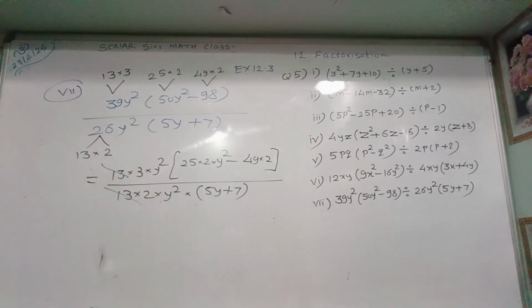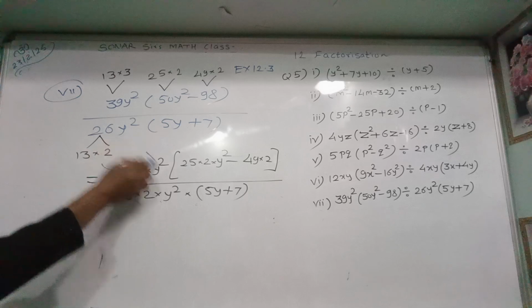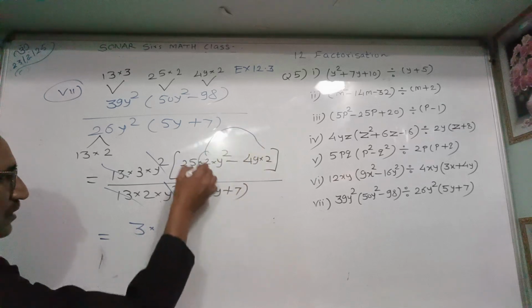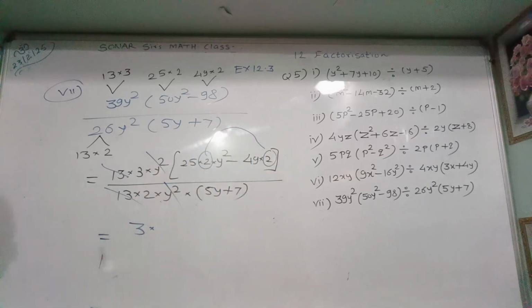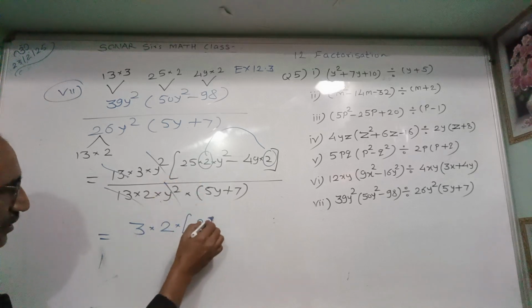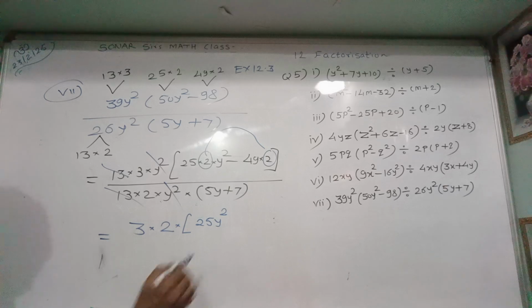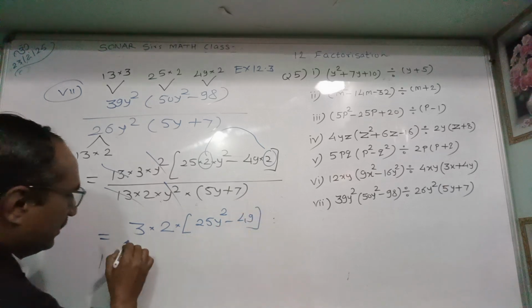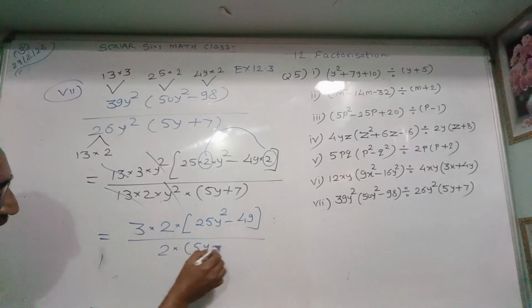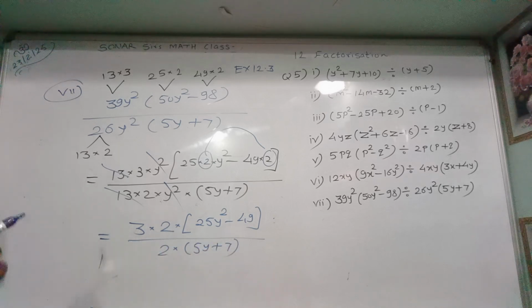Yes, 13 cancels with 13, y square cancels with y square. So write down whatever terms remain. We can take 2 common from these 2 terms inside the bracket. So 2 is taken common. You can see in the bracket there is 25y square minus 49. In the denominator there is a 2 and in bracket 5y plus 7. Again we can cancel this similar term 2, 2.